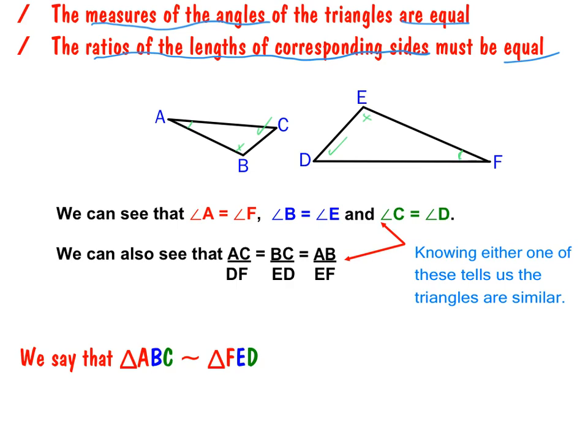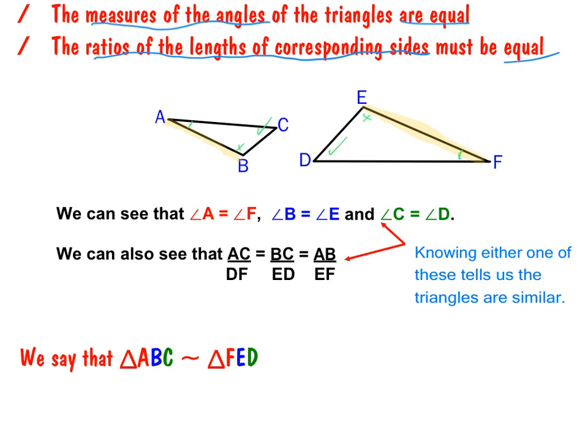We can see that AB is shorter than EF. But there's going to be some kind of ratio between these side lengths. Like, for example, AB could be half as big as EF. Could be half as big. And I'm using half because it's a nice number.